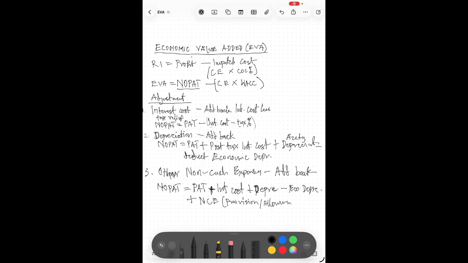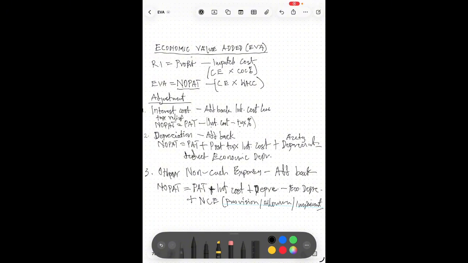So provisions and allowances, basically. I know the exam has not usually expanded to much more than this, but just know that any other non-cash item you see, like we said, provisions, allowances, impairments, impairment losses or unrealized losses, all those have been deducted.